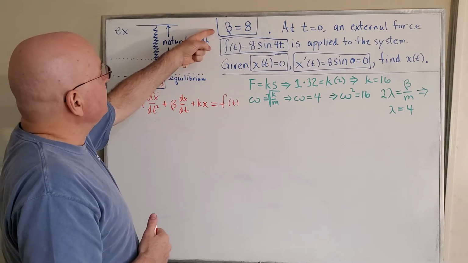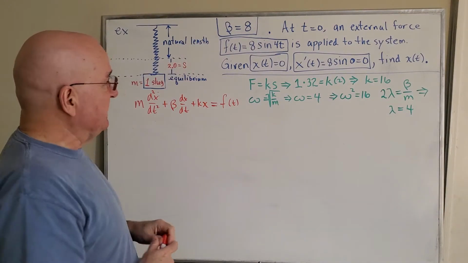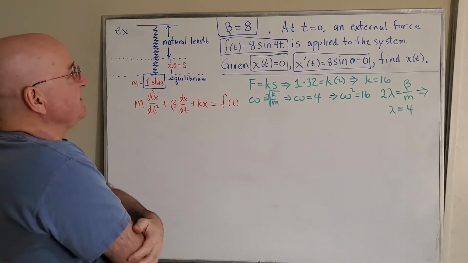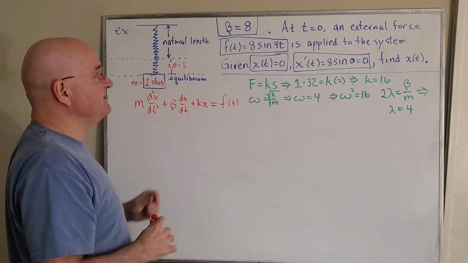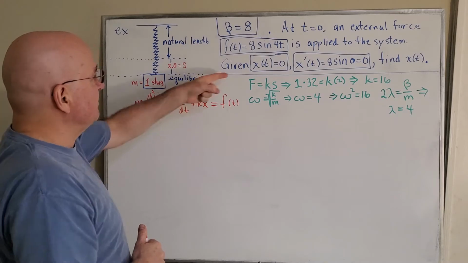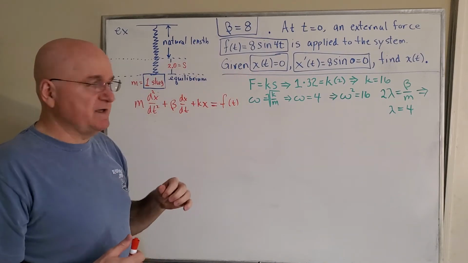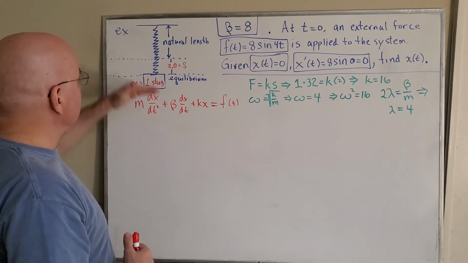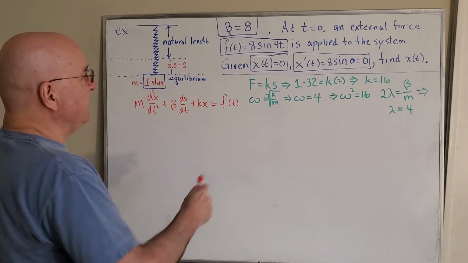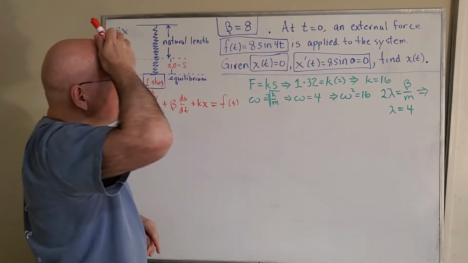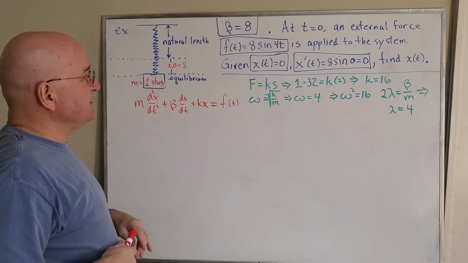We're given the damping constant, beta, which is 8, and we're told that at time 0, an external force is applied to the system. So given x of t is equal to 0, the position is going to start right here, and the velocity at time 0 is also 0.